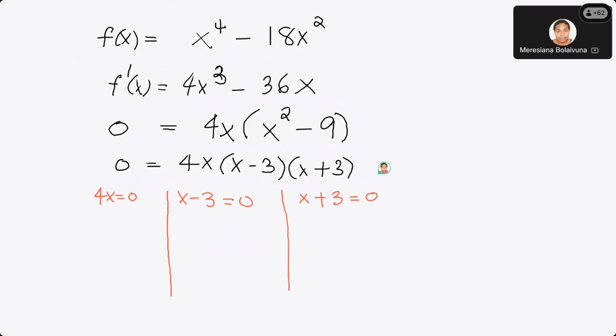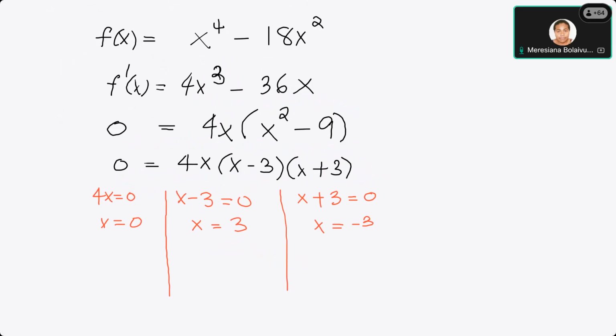So one of the x values is x equal to 0, and x is equal to 3, and x is equal to minus 3. All right, so do you think this is your final answer?